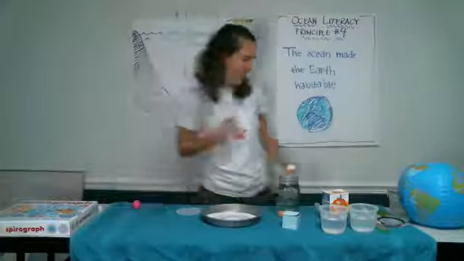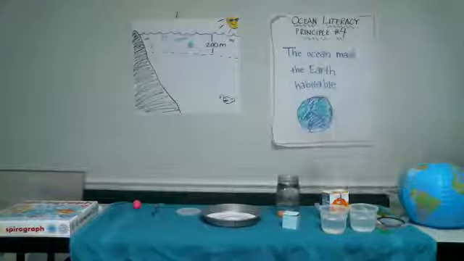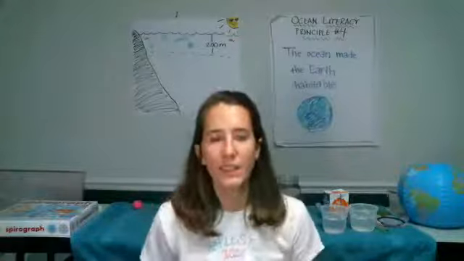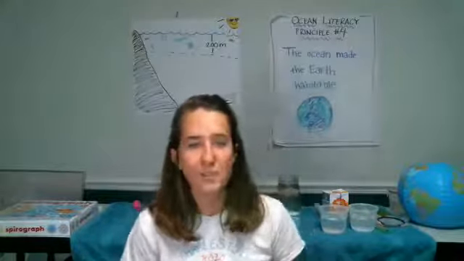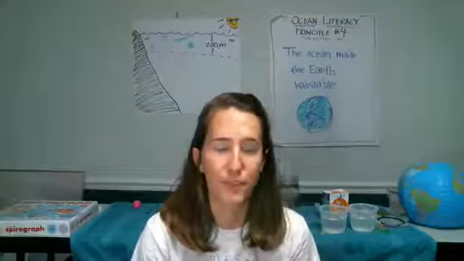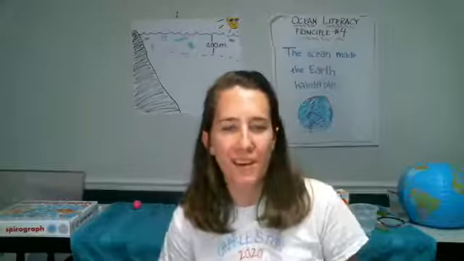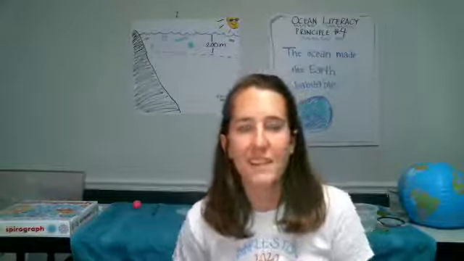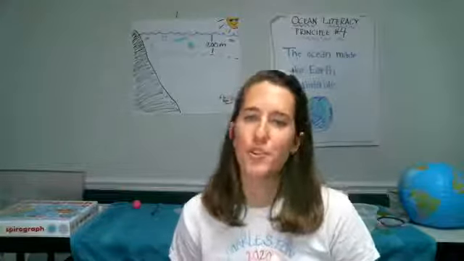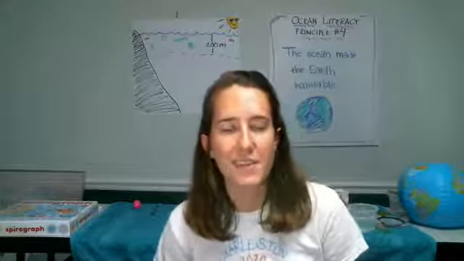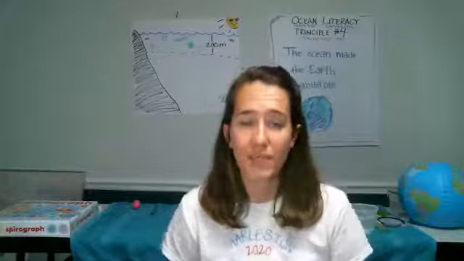All right, the last thing that I wanted to tell you guys about is an opportunity to get involved with citizen science with plankton. Like I said earlier, too much of a good thing can start to be a bad thing. So although we depend on phytoplankton and on these photosynthetic organisms to produce the oxygen that we need to breathe and to survive, too much of them can start to cause problems.